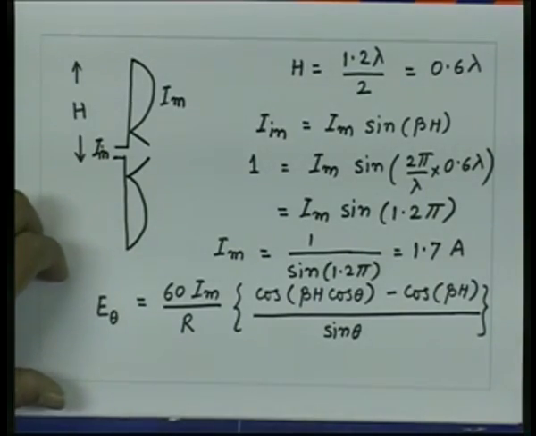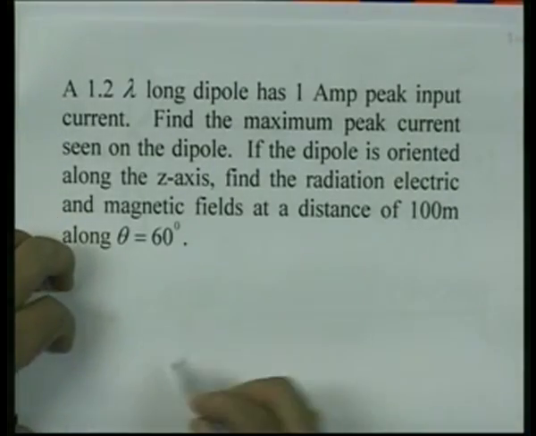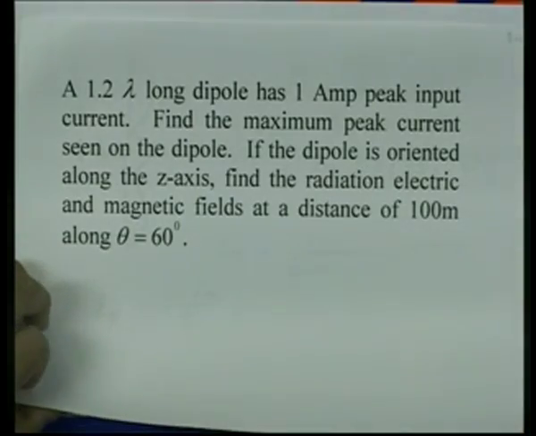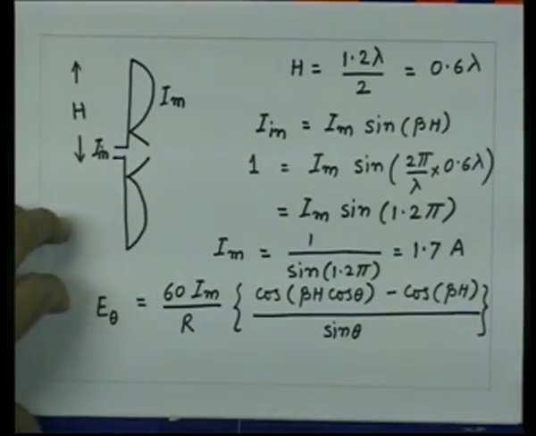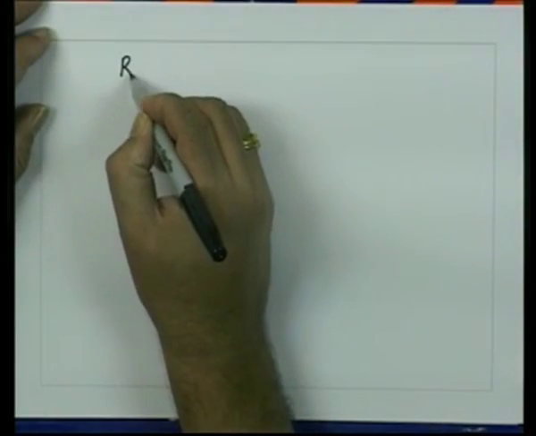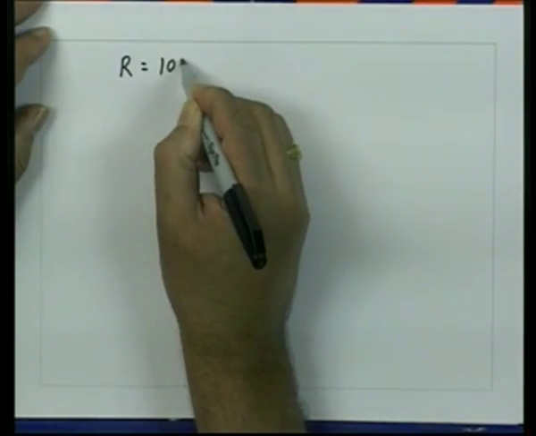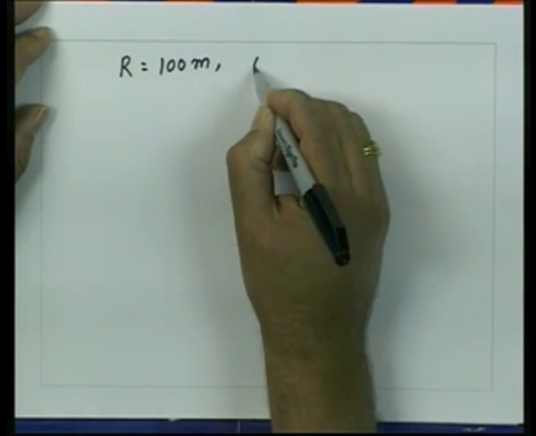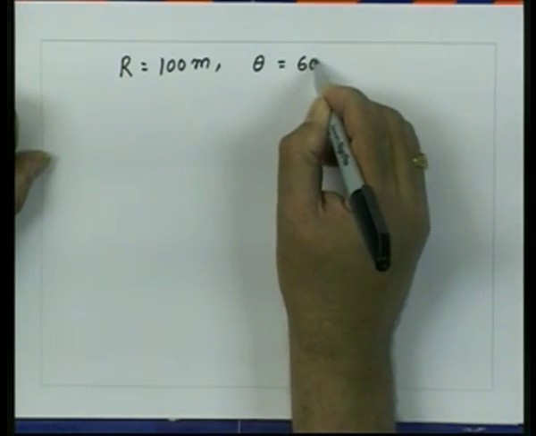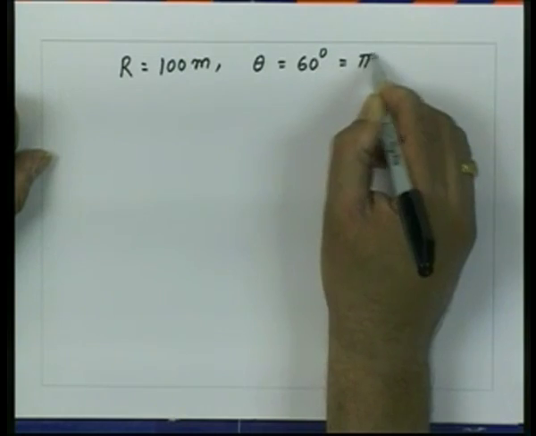Now the distance is given as 100 meters and theta is 60 degrees, so we can substitute these parameters here. Here r is equal to 100 meters, and theta is equal to 60 degrees, that is pi by 3.